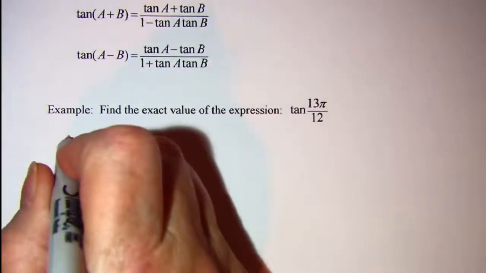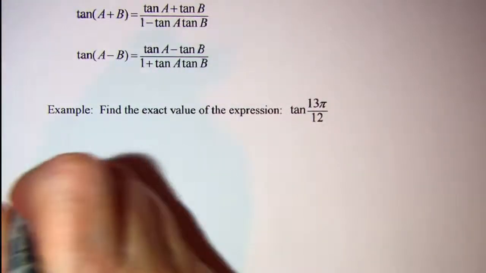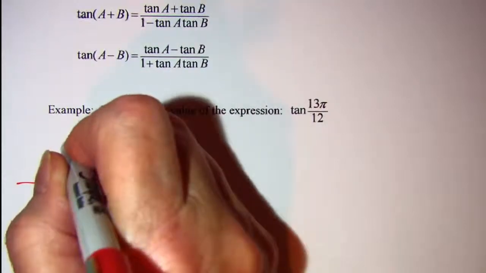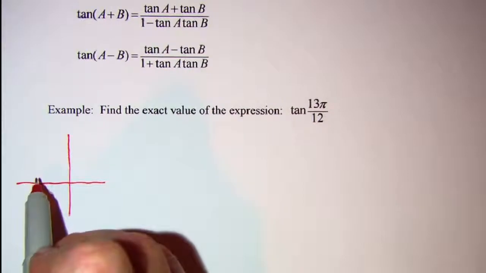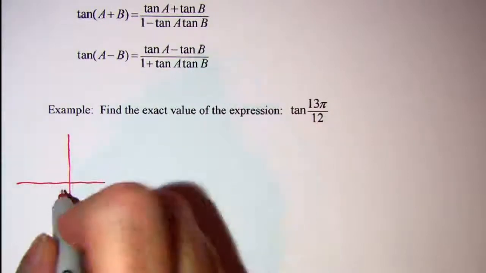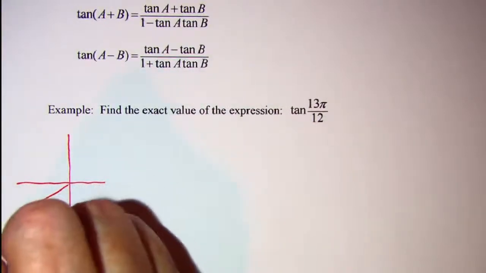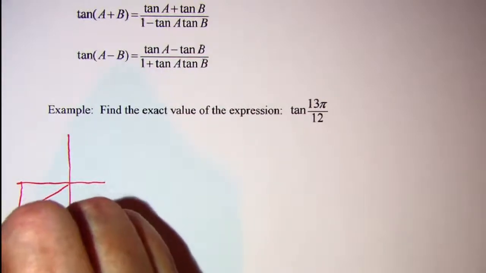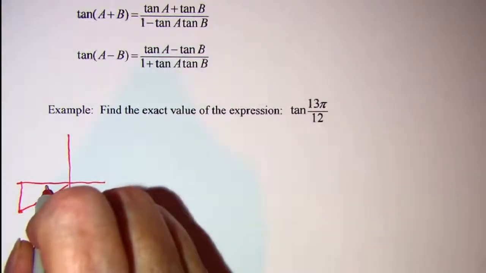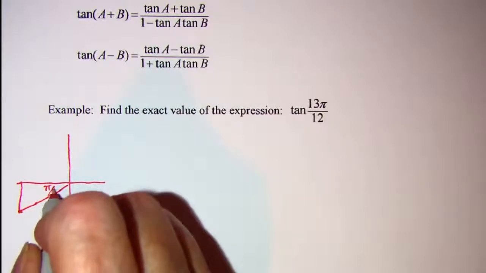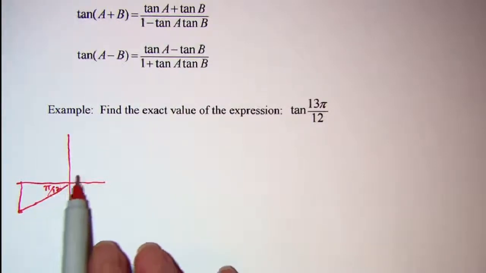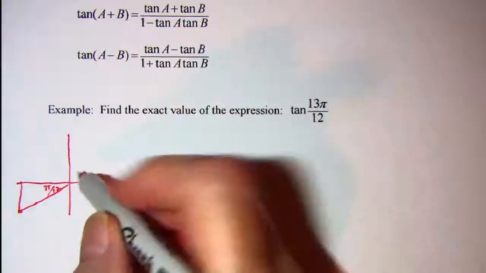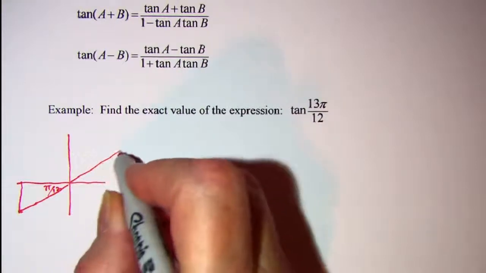So 13 pi over 12, 12 pi over 12 is a semicircle, and so this is the acute reference angle. This is 1 pi over 12. And we know that tangent in quadrant 3 is equivalent to a tangent of an angle in quadrant 1.